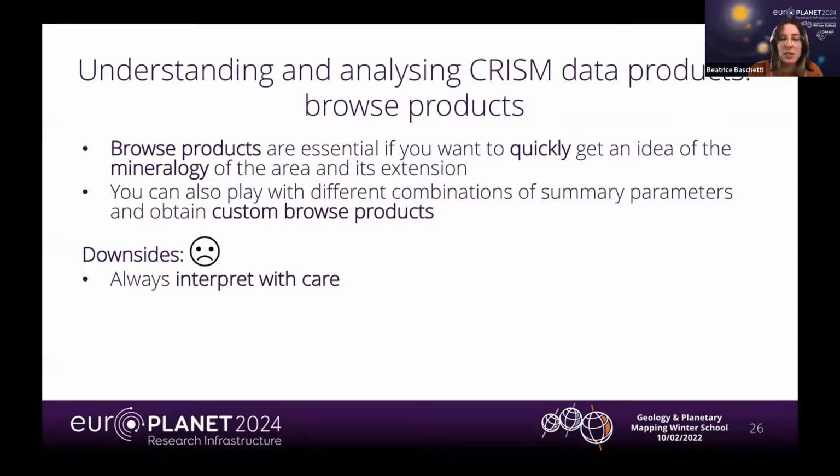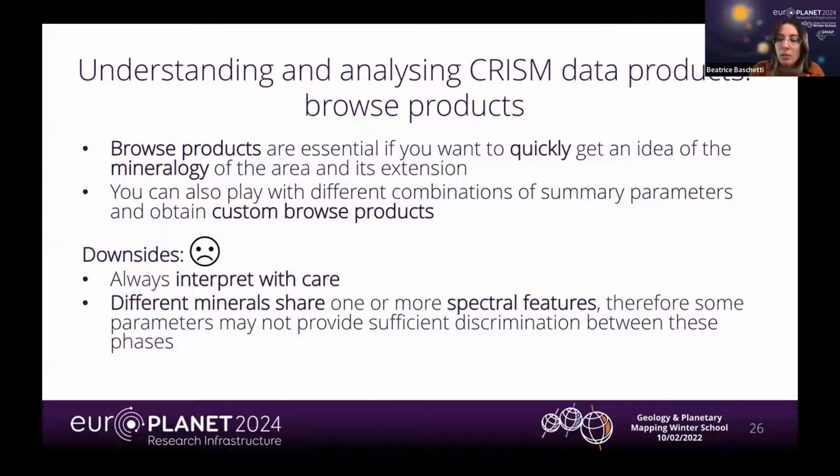One thing is that you should always interpret these gross products with care, because they give you an indication of what type of mineralogy is present in the area, but some features might not be unique to a certain mineral. As different minerals may share one or more spectral features, some of the parameters may not provide sufficient discrimination between these phases.